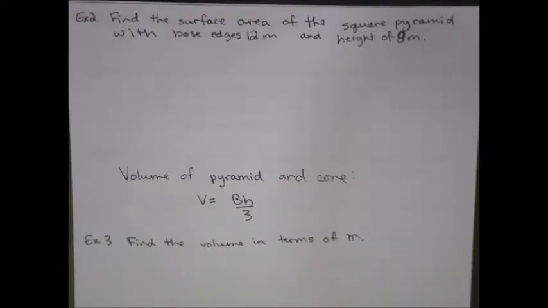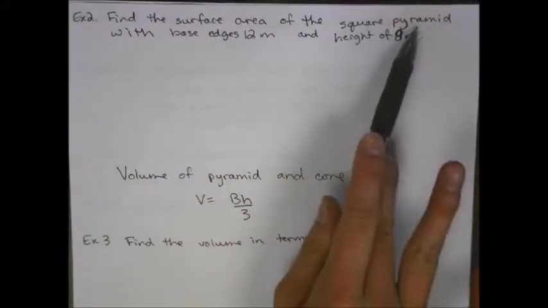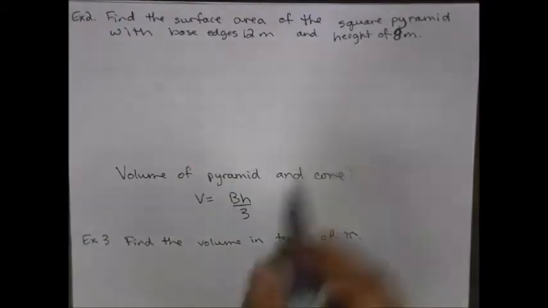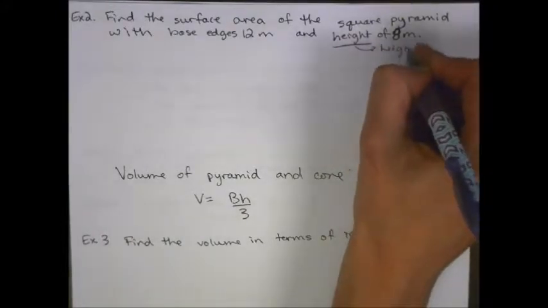Our next example, we're going to find the surface area of a square pyramid again. This time our base edges are 12 meters and our height is 8 meters. Now this height refers to the height of the pyramid.